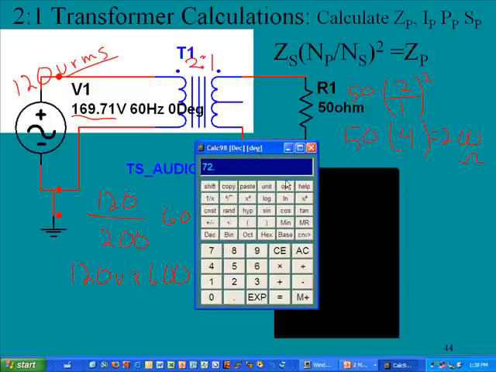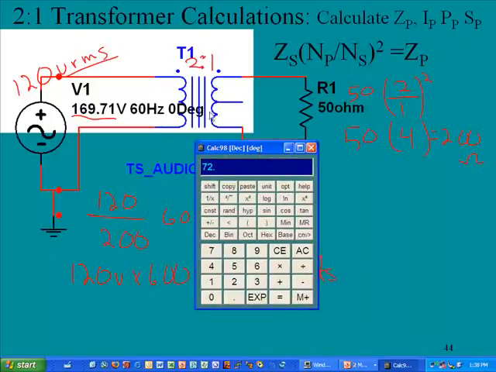We didn't even talk about the voltage in the secondary, but it's a 2-to-1 ratio, and we have 120, so it's going to be about 60 volts in the secondary. If we take 60 volts and divide that by the 50 ohms, we will get a current of 1.2 amps.